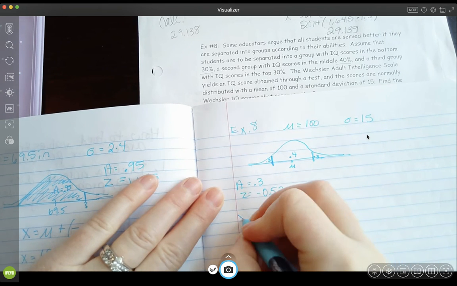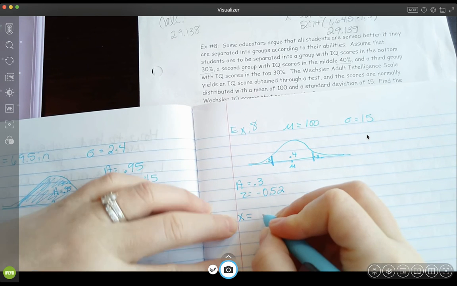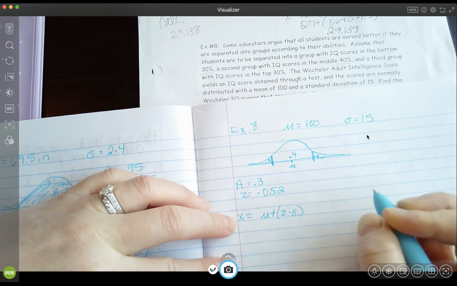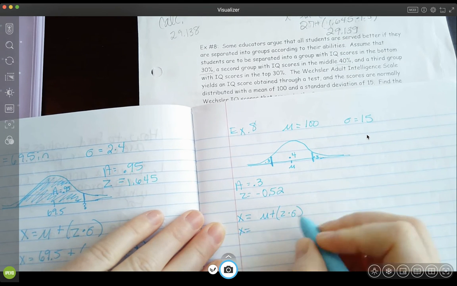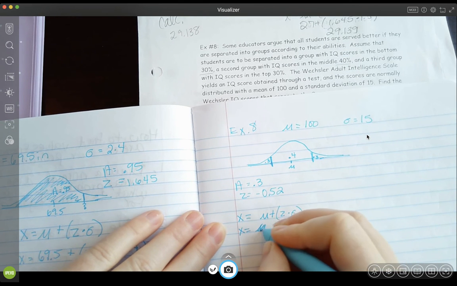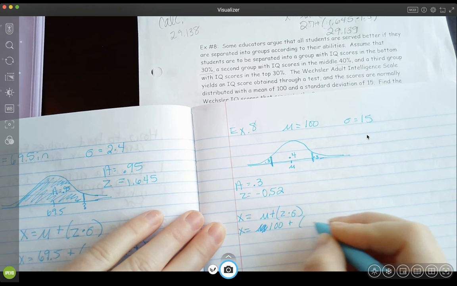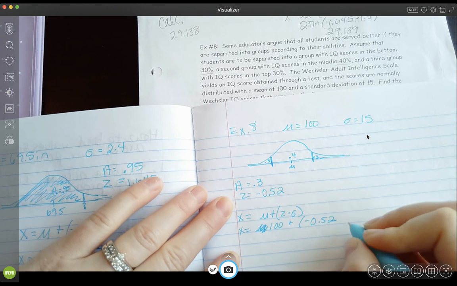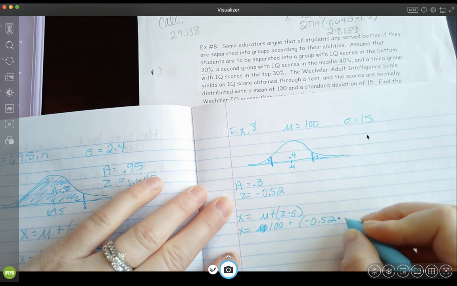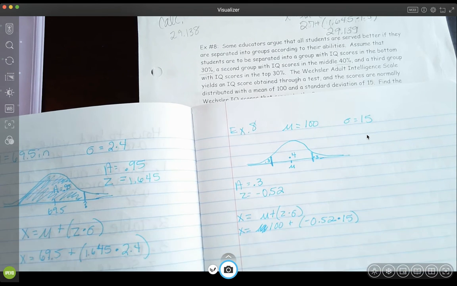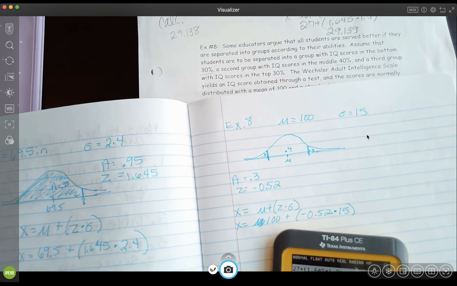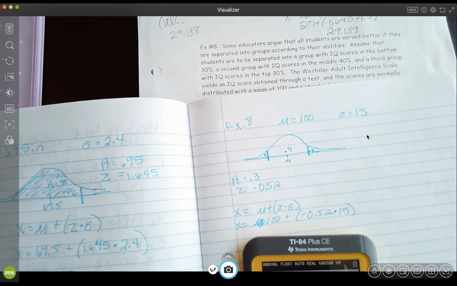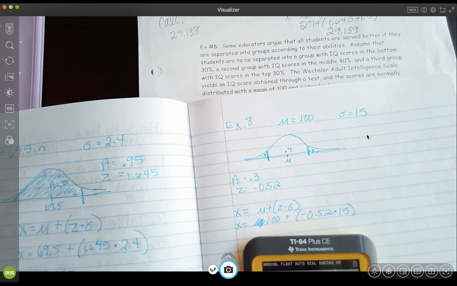Okay, so then to find x, we would do mu plus z times that. X equals, oh, I need to plug in the numbers. 100 plus negative 0.52 times 15.